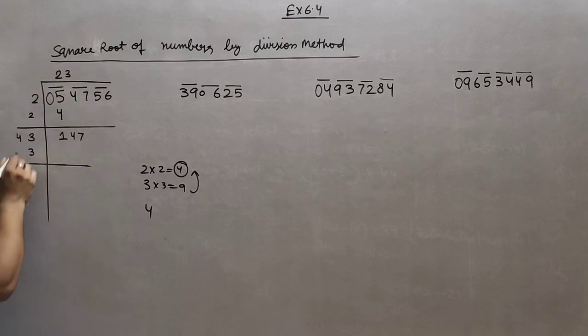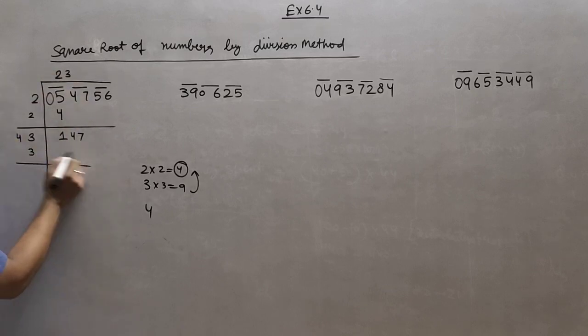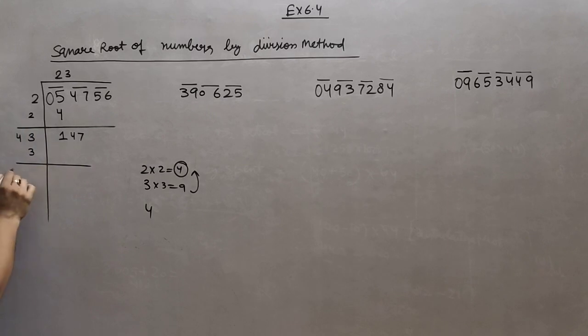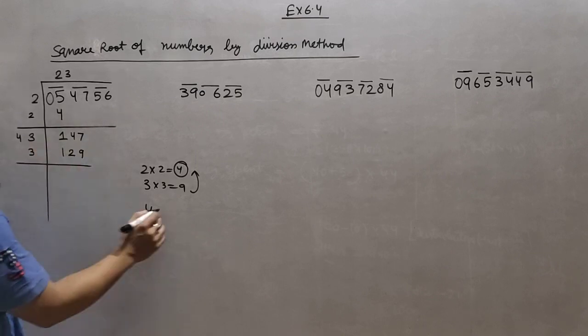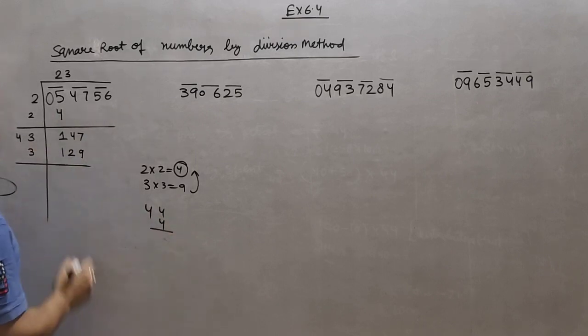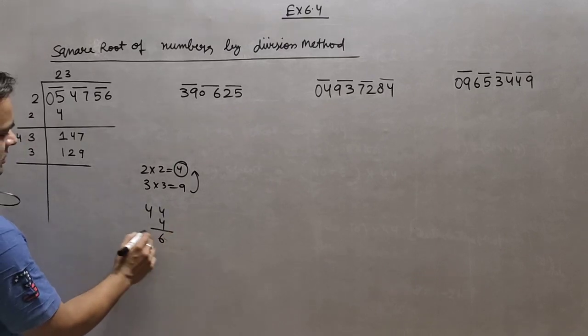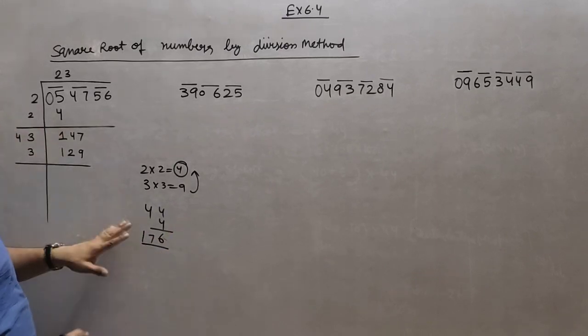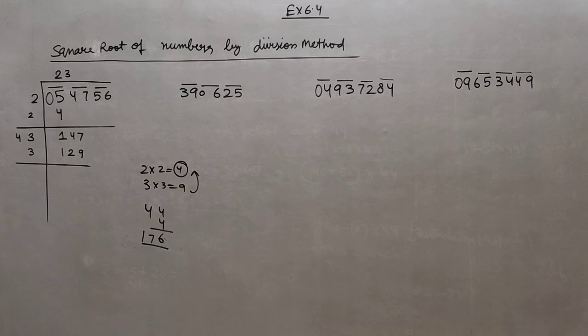And what we do here: the product of this one we write here, and the addition we write here. So if I do the product here, 9, and it will be 129. Now you can check for 4 also. If we do 4 here, then it is 16, so it is more than this. It means this one is correct. 3 is a good number for us. So it will be 46 now.